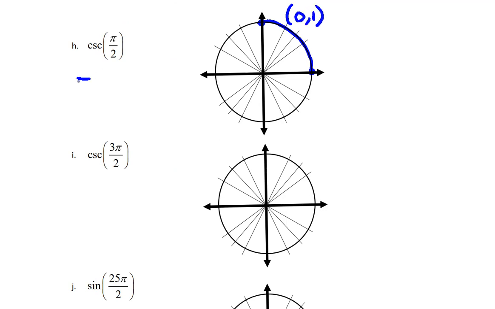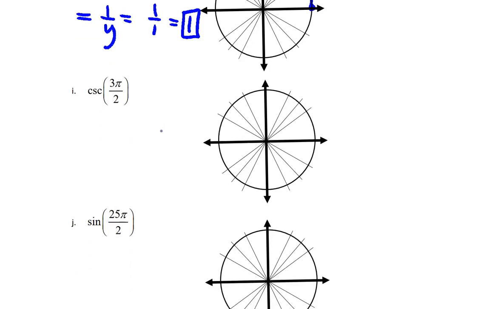And the cosecant, as we defined it previously, is 1 over y. So as defined above, cosecant of t is 1 over y, where y is the y coordinate of our terminal point here. Well, if it's the point 0, 1, this would mean 1 over 1, which of course is just positive 1. So the cosecant of pi over 2 is 1.